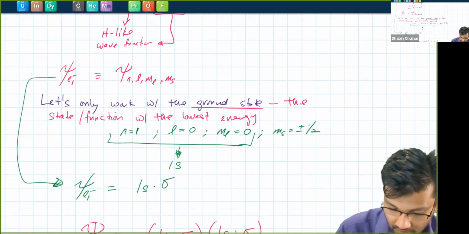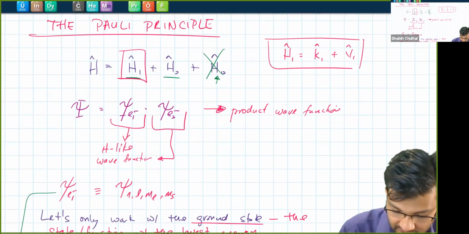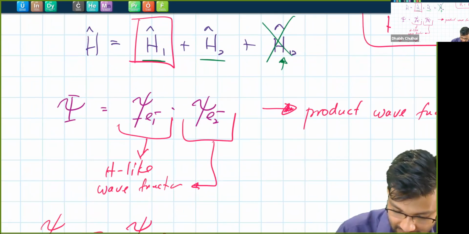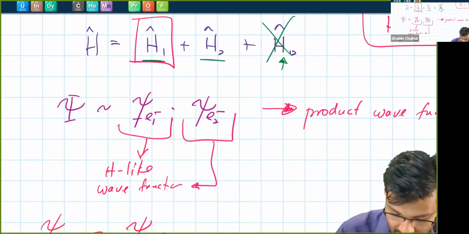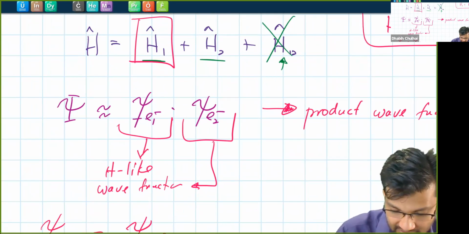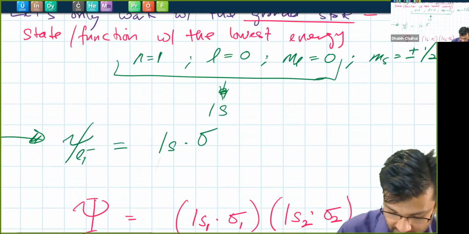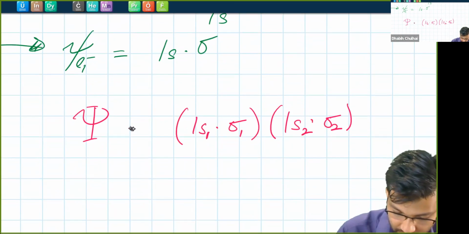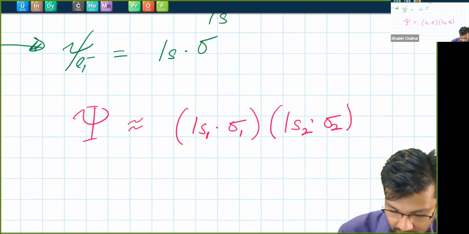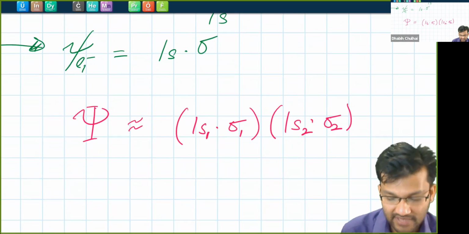I'm going to go up all the way here, and change this equal sign to an approximate equal sign, because the wave function is not exactly this, since we ignore this part here. I'm using approximates just so that we understand that this is not real, but it'll give us some insight into what's happening.